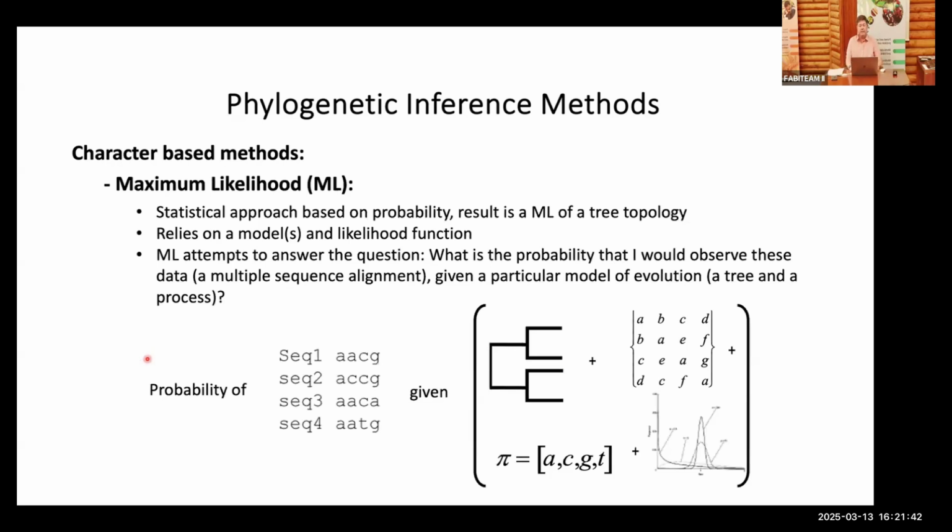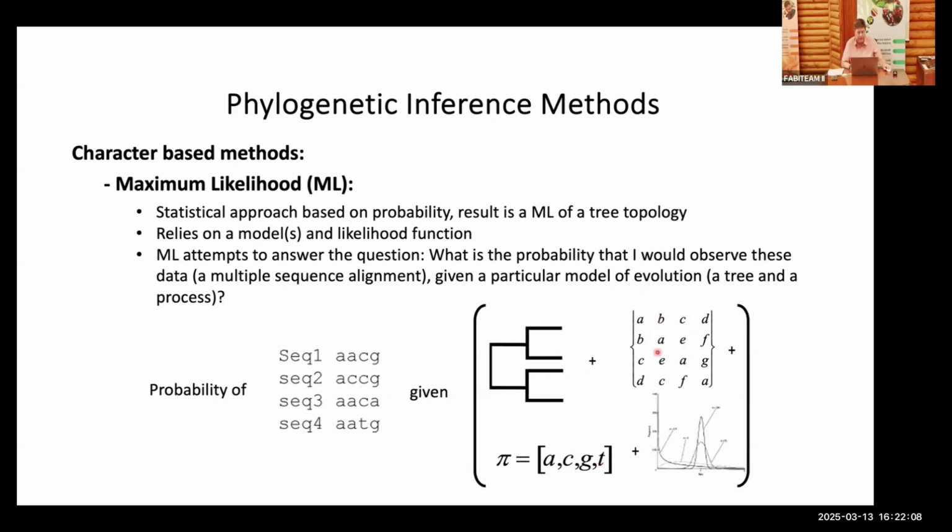Maximum likelihood is a statistical analysis, and it's based on probability. The outcome of a maximum likelihood analysis is a maximum likelihood tree with a maximum likelihood value. Here we ask, what is the probability that I would observe this sequence given our tree topology and the process of evolution?